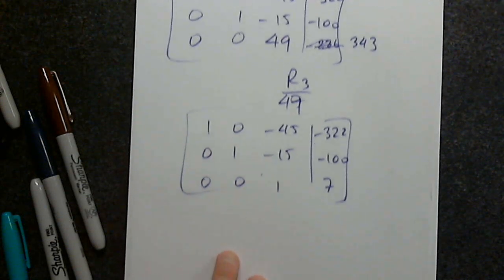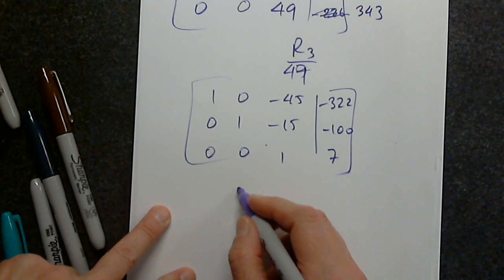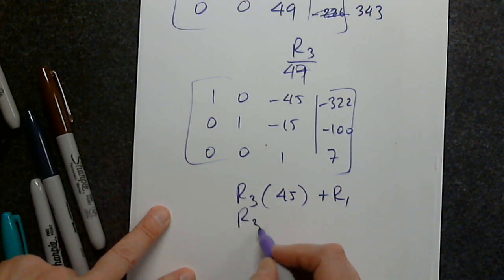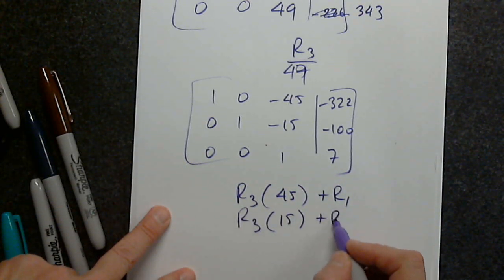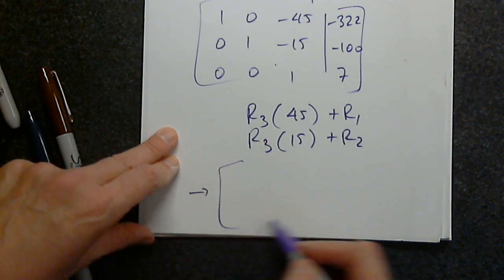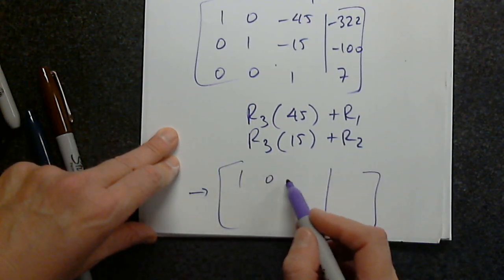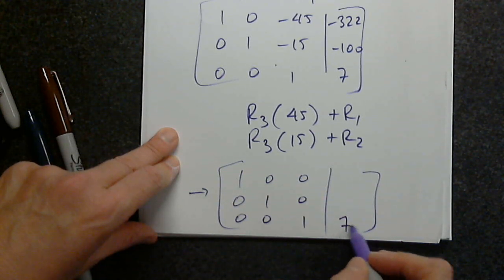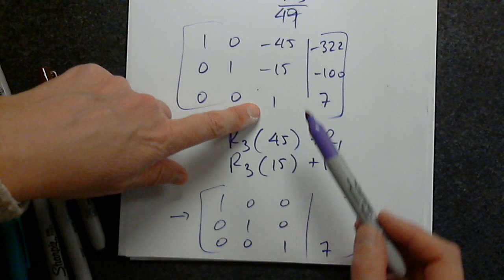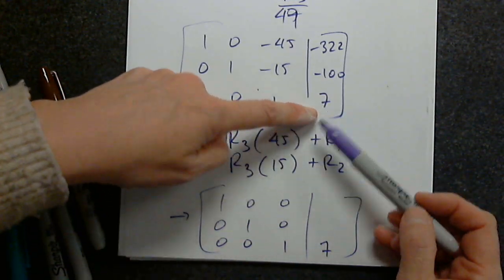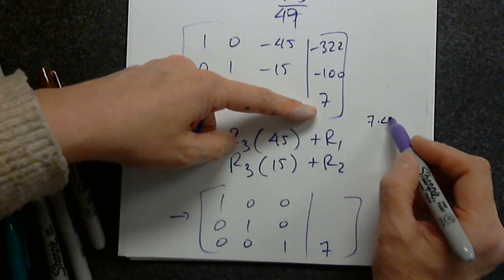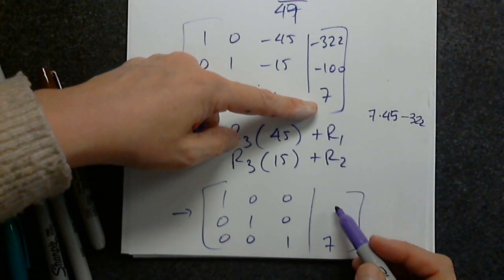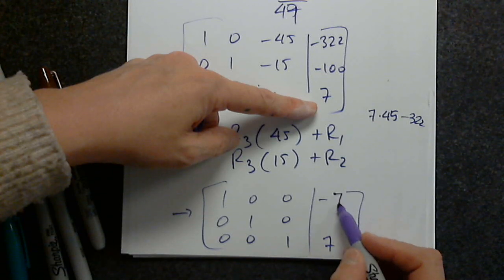Okay, and in the end we always check, right? So multiply row 3 by 45 and add it to row 1, and row 3 by 15 and add it to row 2. And this should be the final answer. Okay. So indeed, 1 times 45 plus 45 has to be 0. 7 times 45. Can anyone help me with 7 times 45 minus 322? Negative 7. Okay.